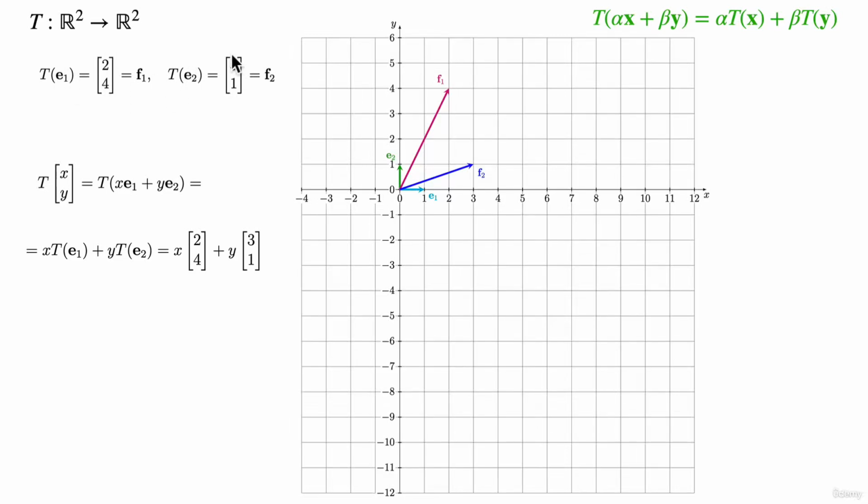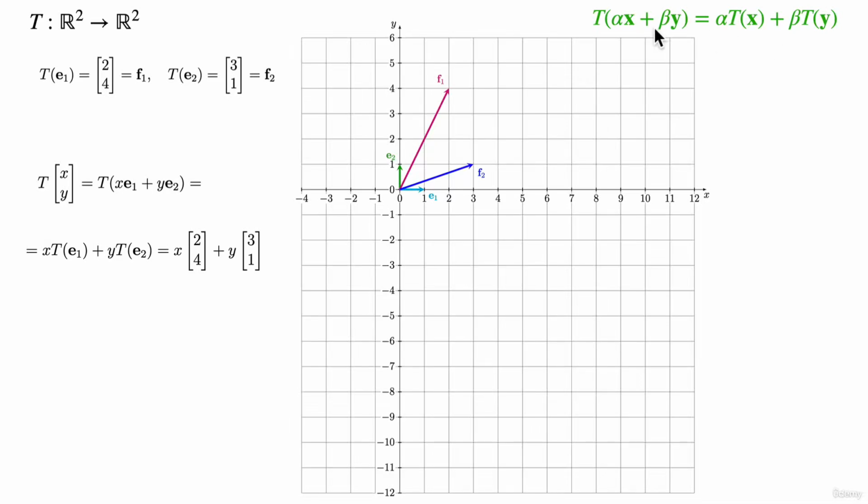If we have those two values of the transformation on these two vectors, then we can generate all the other values on all the other vectors. They will be simply linear combinations of the values on the unit vectors in the direction of the axes. And this is a consequence of this definition of linear transformation.